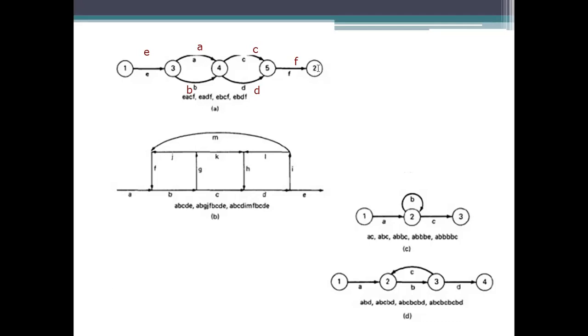It means there are two such paths for processing. So how am I going to access the elements here? What is path segment 1? Path segment 1 is 1 to 3, 3 to 4, then 4 to 5, 5 to 2. But here from 3 to 4, 4 to 5, we have multiple paths.